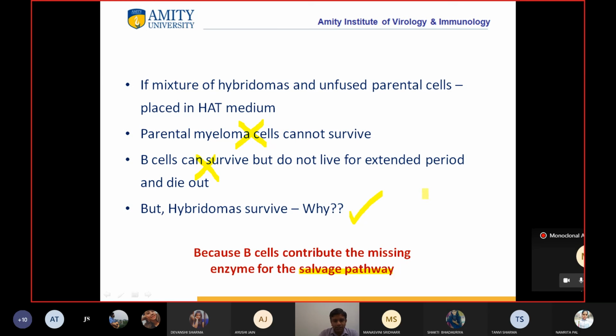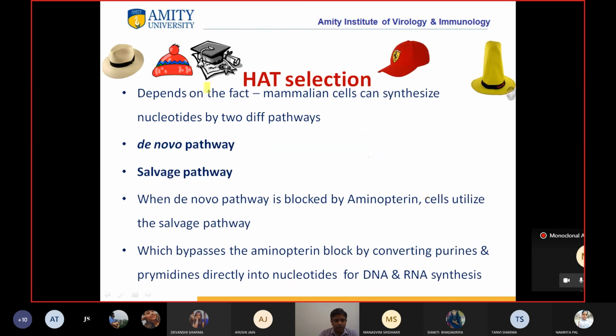One is the de novo pathway, which the cell uses normally. So under normal conditions, the cell will use the de novo pathway for synthesizing nucleotides. So you can understand the importance of these two pathways.